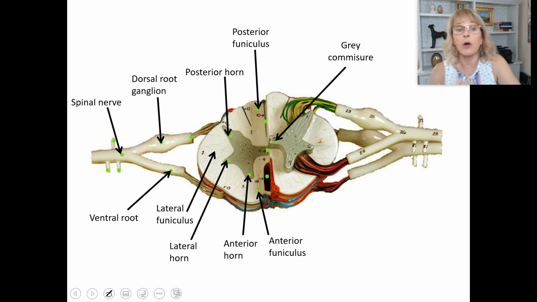Now, let's talk about nerves. In the lecture part of the class, we were talking about neurons, and you might be wondering, what's the relationship between neurons and nerves? Neurons are cells. They're nerve cells. A nerve is a bundle of axons from many, many neurons.